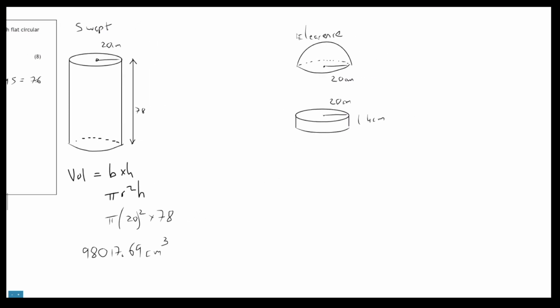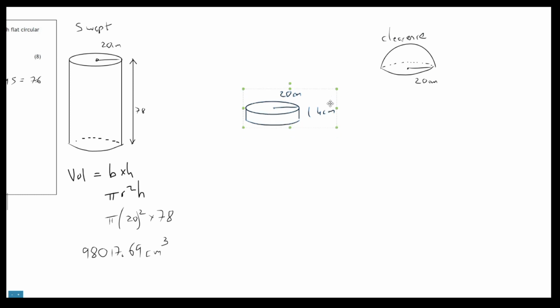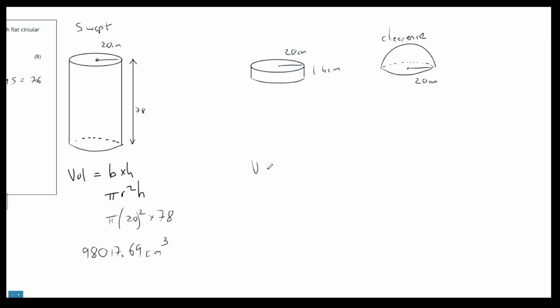Now we're going to get the clearance. Same treatment on the clearance, because this little guy here is going to be the same formula as that last bit. The volume is equal to base times height, which is pi r squared times h, exactly the same. It's going to be 20 on the radius, but only a height of 4 this time.